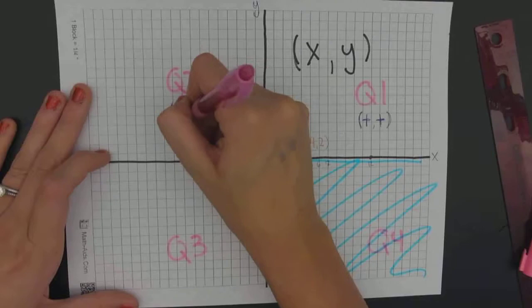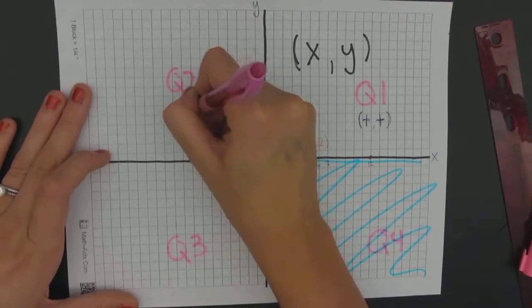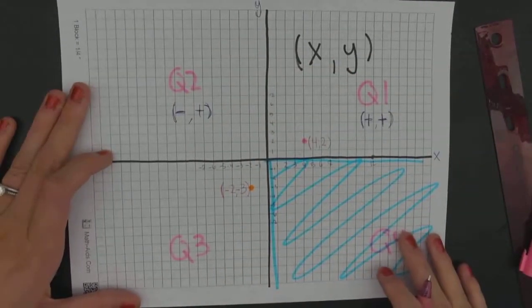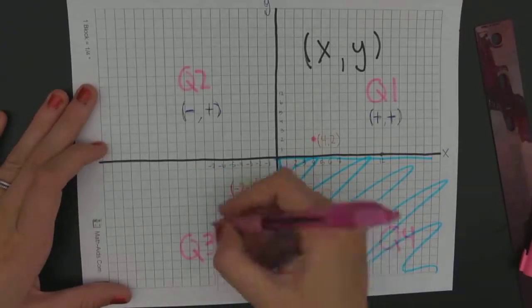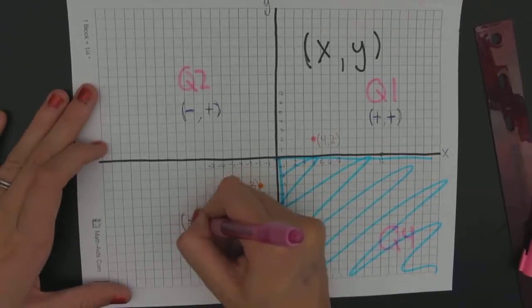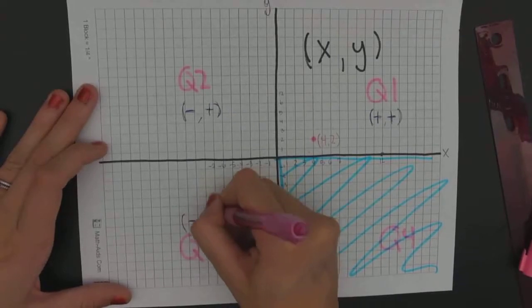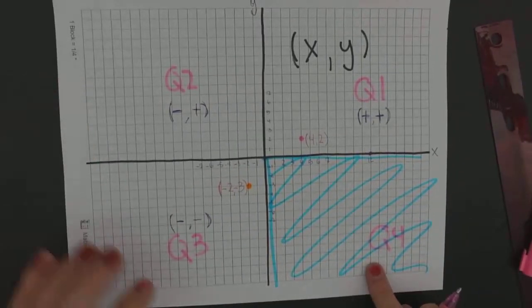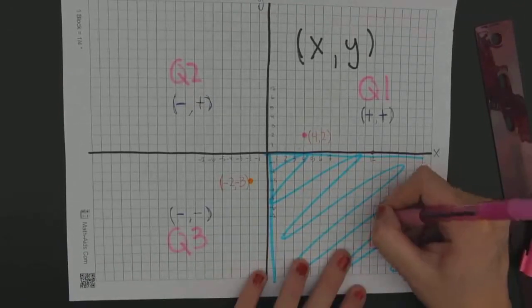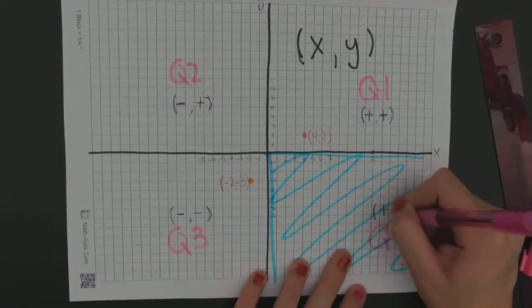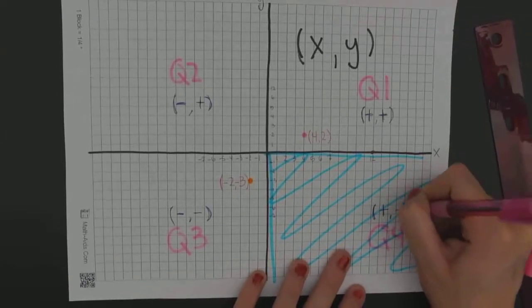So our x will always be negative, our y will always be positive. Quadrant 3, our x's are negative and our y's are negative. So it's going to be negative, negative. And over here in quadrant 4, our x's are positive, but our y's are negative. So it's going to be positive, negative.